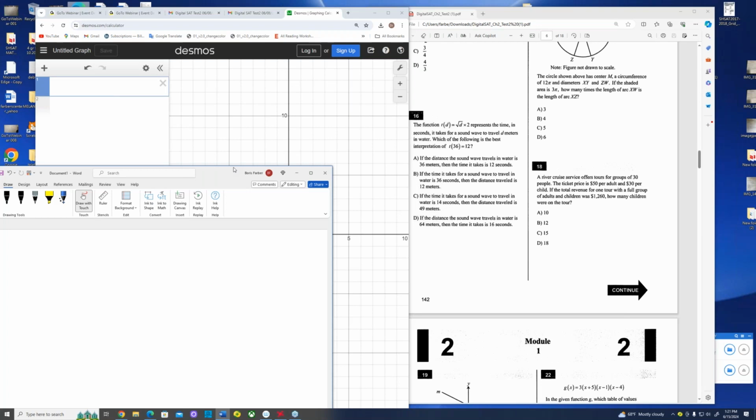In many cases, it's more convenient to operate this way. For number 18, right? So what do we have? The ticket price is 50. We have adult and poor child.